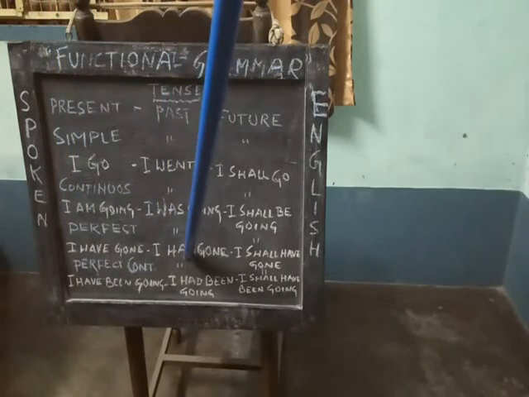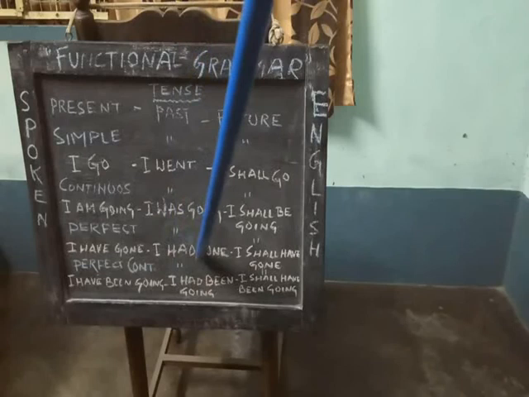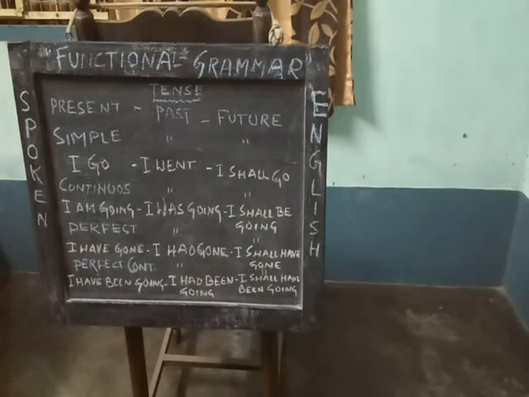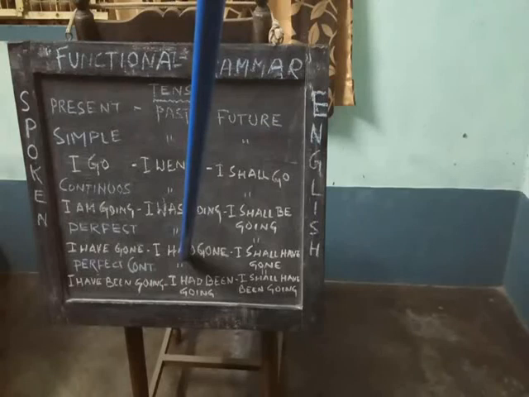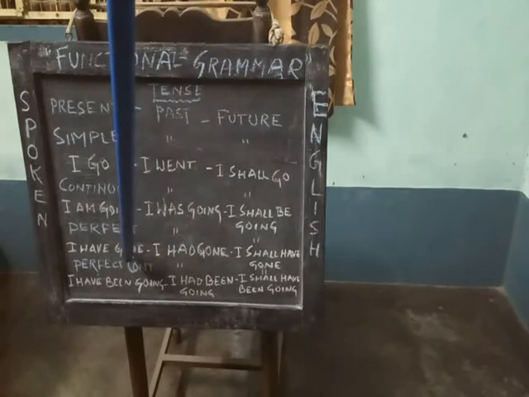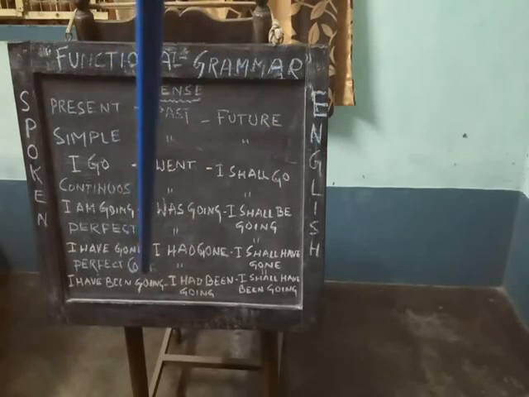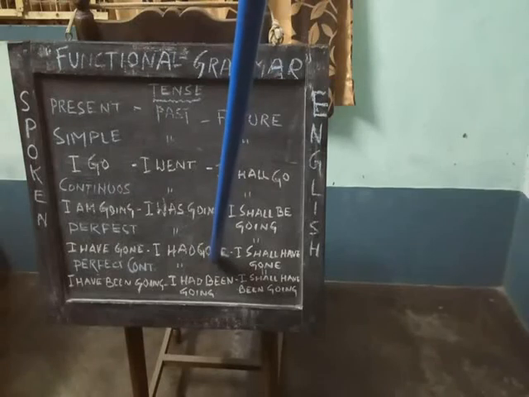For past perfect tense, it is I had gone. I think there is not much of a difference. The only thing you have to remember is that when it is past form, I will have to change have to had. Otherwise, the past participle of the verb form remains the same.